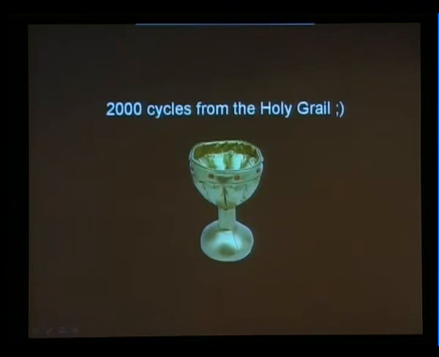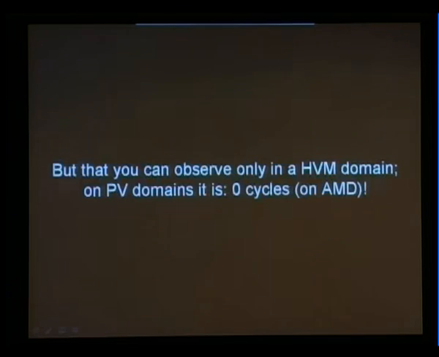So this is how far we are from the holy grail of invisible malware. Of course, you can observe this impact on hardware virtualized machine domains. You see zero performance impact on AMD paravirtualized domains. So this is very cool too.